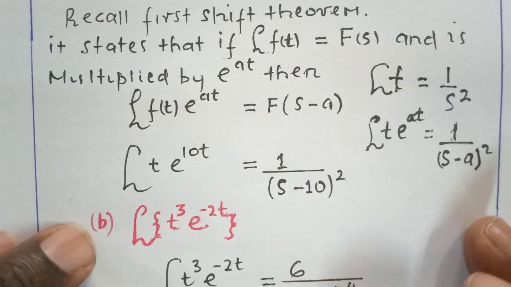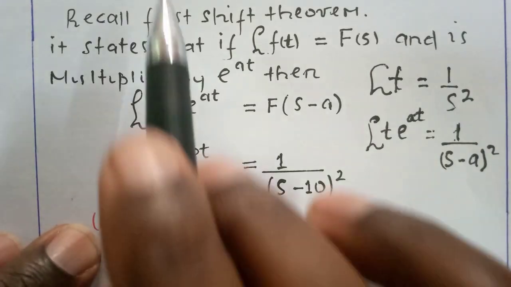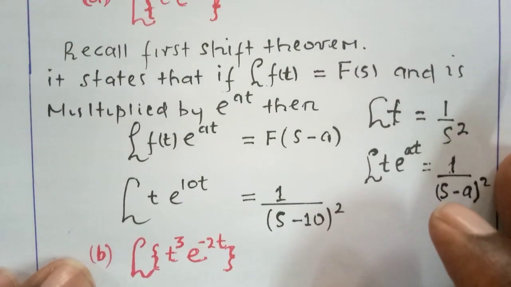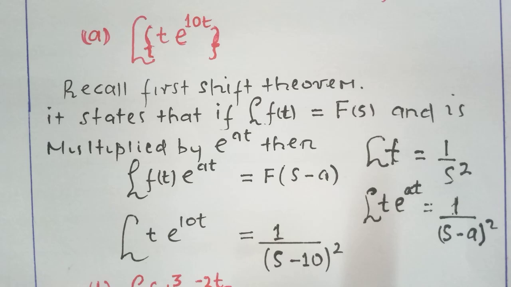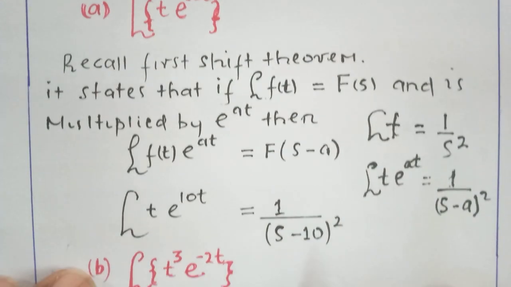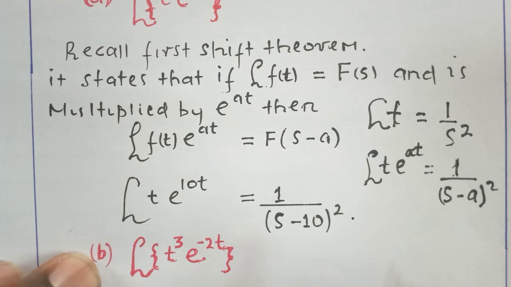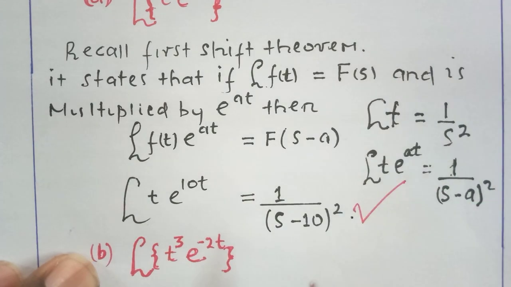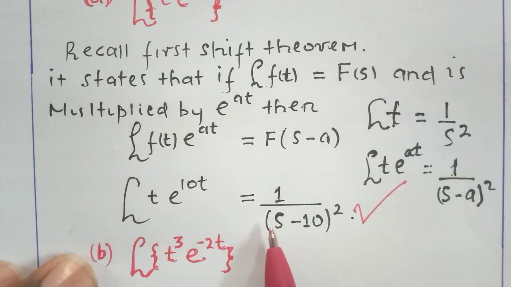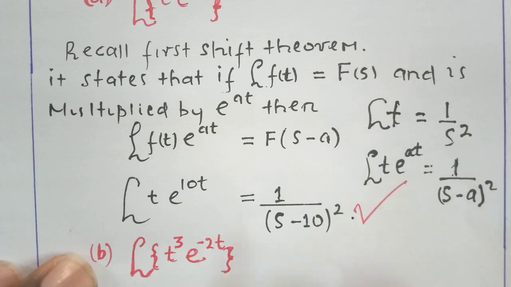So that is the question we were solving, and the solution is 1 all over s minus 10 squared.